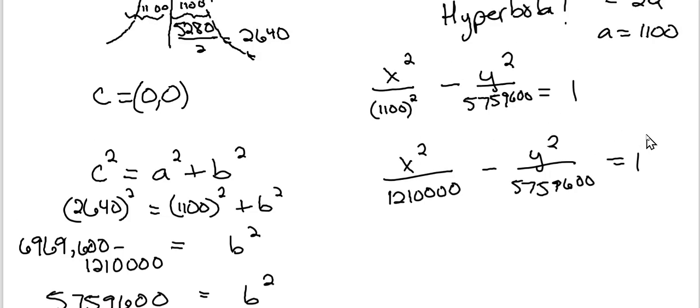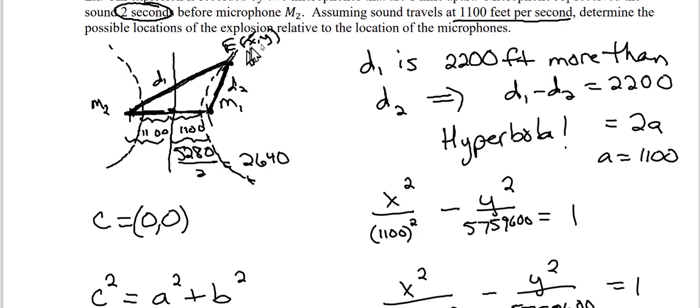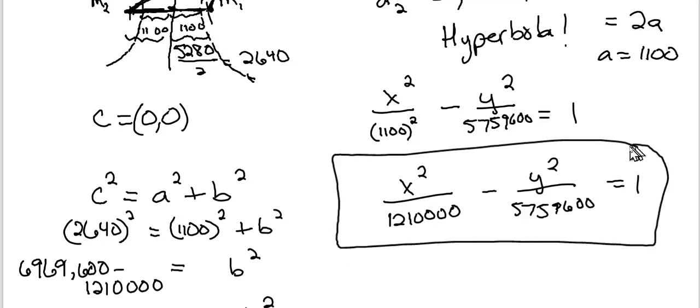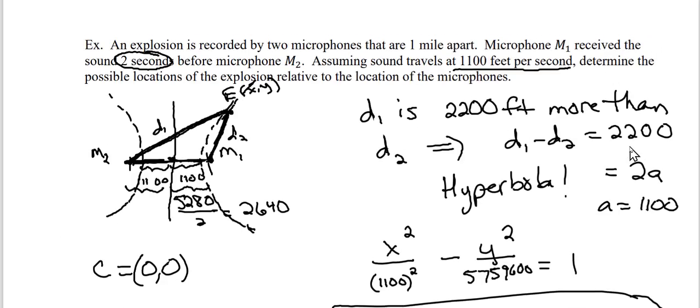What we know, we don't know where this explosion is. It's at some ordered pair (x, y), where the relationship between x and y is that, because it has to be on this hyperbola, because the difference between those distances from the mic to the explosion is constant. That's our definition of a hyperbola. Did we answer the question? I always like to make sure.